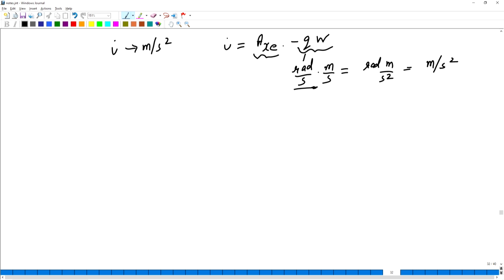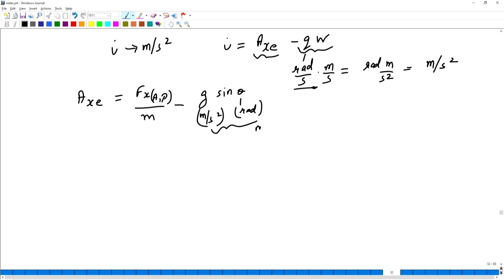Now coming to AXE. Now what is AXE? AXE was Fx, aerodynamic and propulsive forces, divided by m minus g sine theta. So here g unit is meters per second square. Here theta is in radians. So we get meters per second square, which is all right.